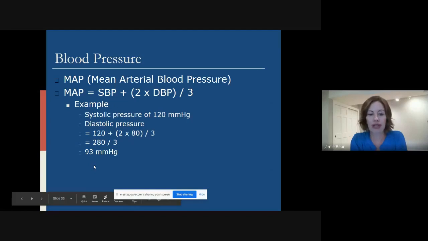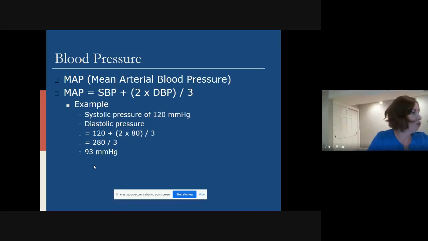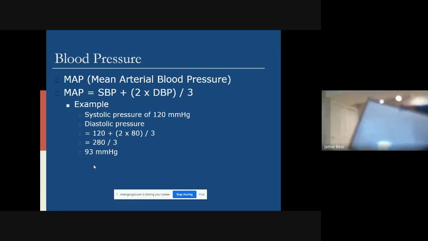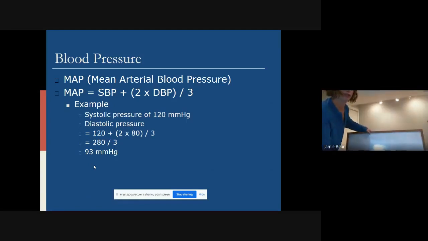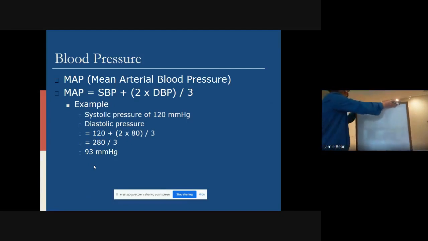So if we would do that for our pulmonary circulation, we said that the average pulmonary circulation is 25/8. So we can do that here on this whiteboard. So here, I'll put it up here.